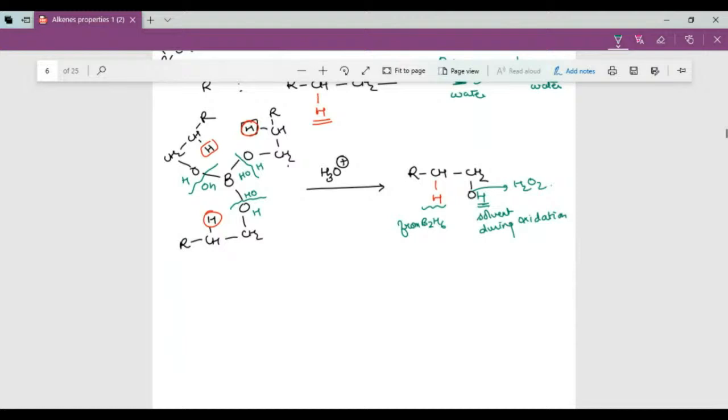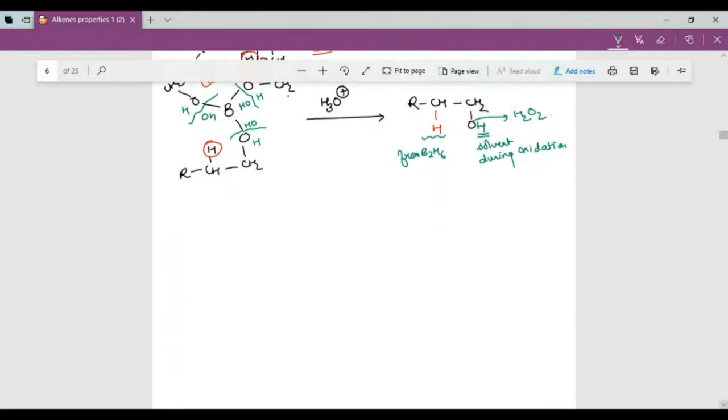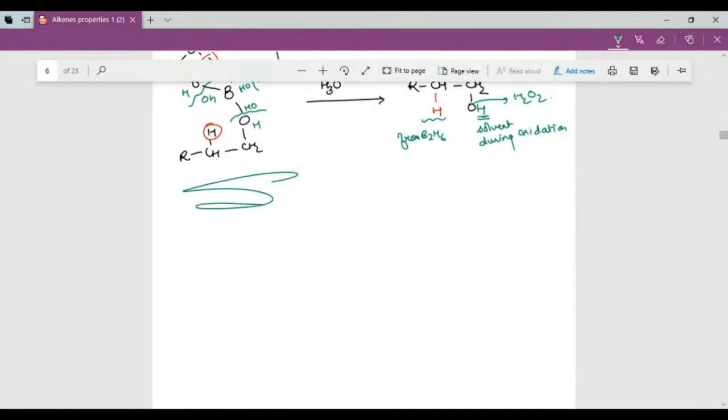Correct? It is addition of water on alkenes, but following the anti-Markovnikov method. Clear? Please remember that it is a syn addition reaction. I have tried my best to make it very clear to you that it is a syn addition reaction.